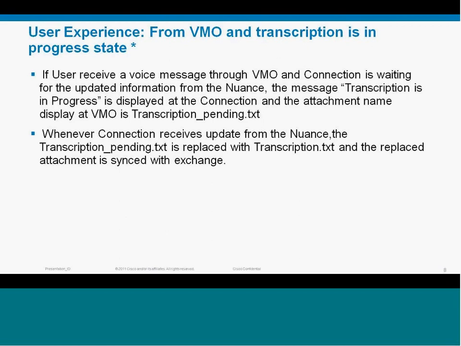If the user receives a voice message through VMO and Connection is waiting for the updated information from Nuance, the message "transcription is in progress" is displayed at Connection and the attachment name displayed at VMO is transcription_pending.txt. Whenever Connection receives the update from Nuance, the transcription_pending.txt is replaced with the transcription.txt file and the replaced attachment is synced with Exchange.